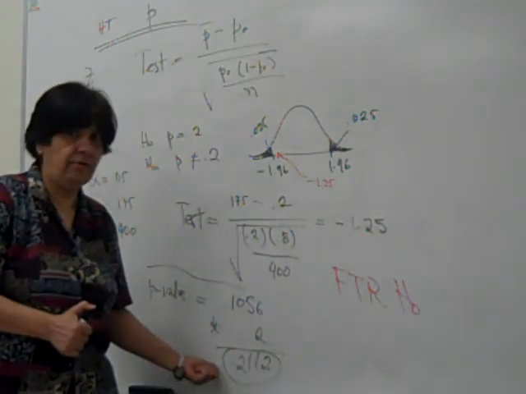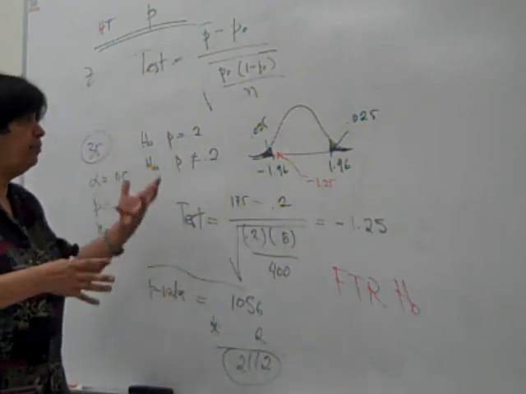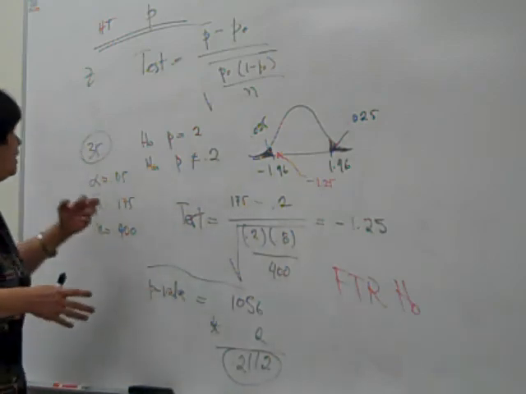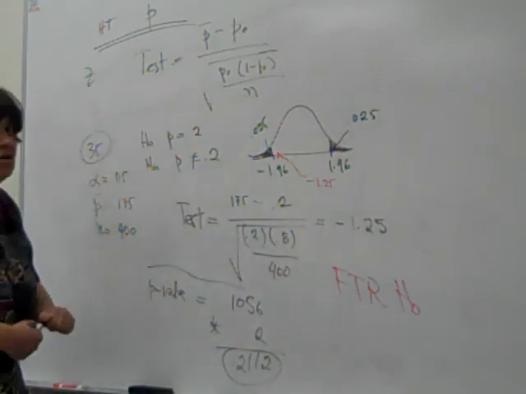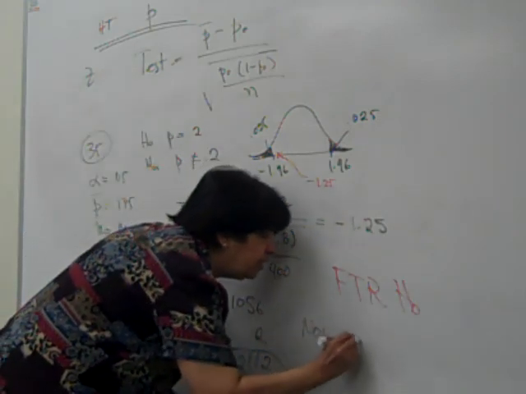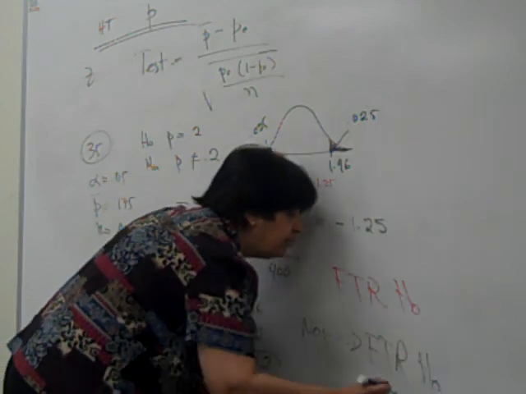That is the p-value. Now, is the p-value less than 0.05, my alpha? 0.21 less than 0.05? No, it is not. So we conclude that we fail to reject the null hypothesis.